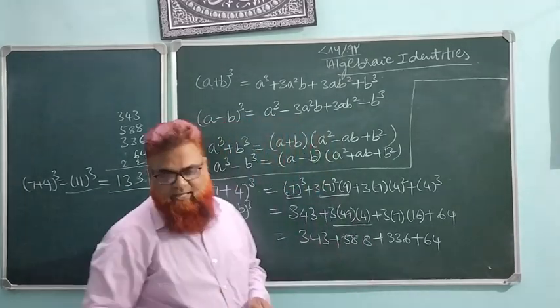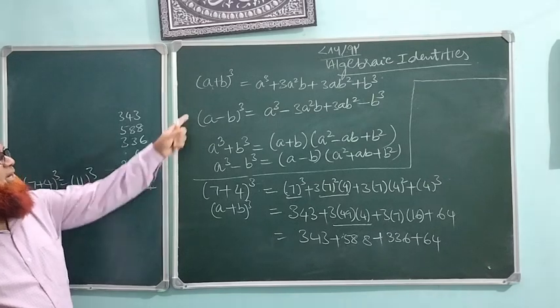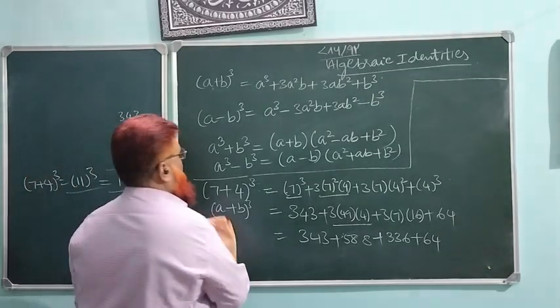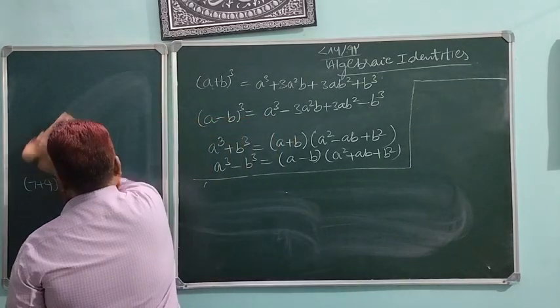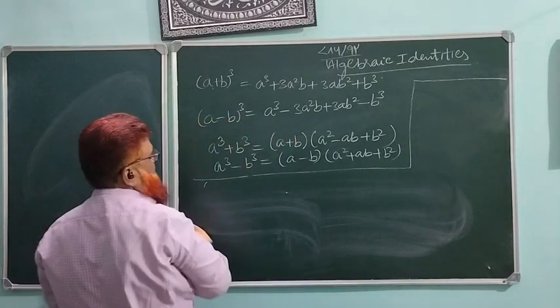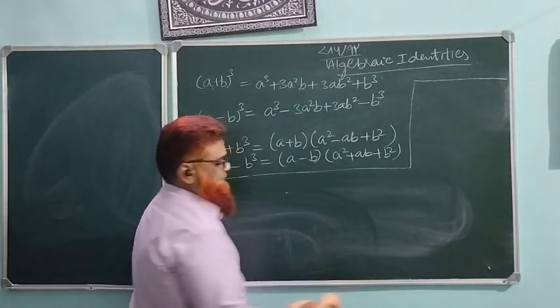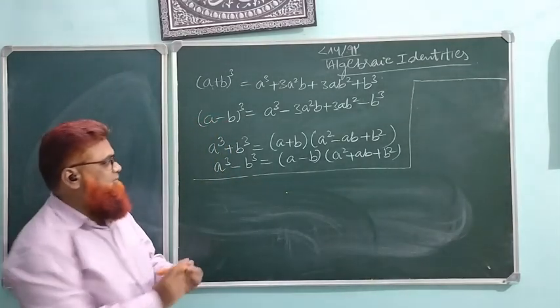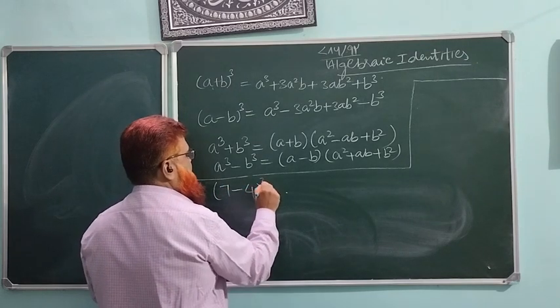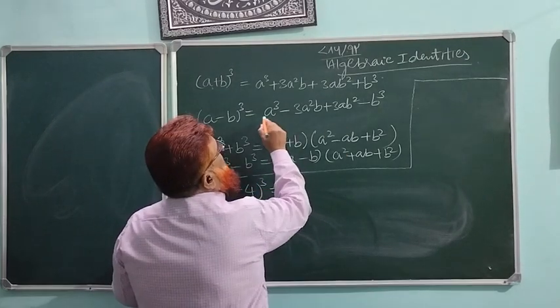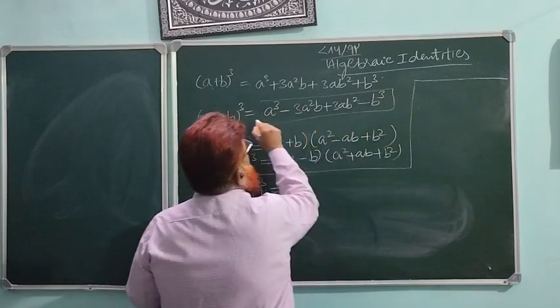So the same way, if we apply this to the a minus b whole cube form, let's see, do we get the a minus b whole cube also correct or not? Test it. The next one is a is 7, b is 4, (7 minus 4) whole cube, and you apply the formula. For the first formula, a plus b, we applied this one.